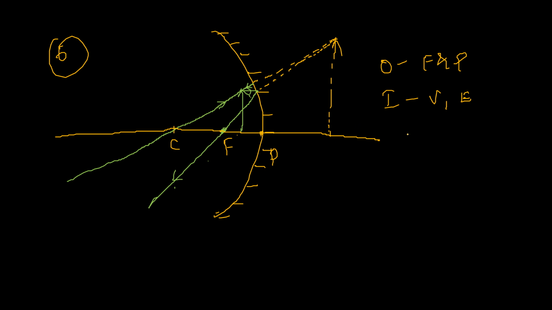Virtual, erect and enlarged. Compared to the object, image size is increased, so that's why it is enlarged. Very important. So this is about concave mirror.